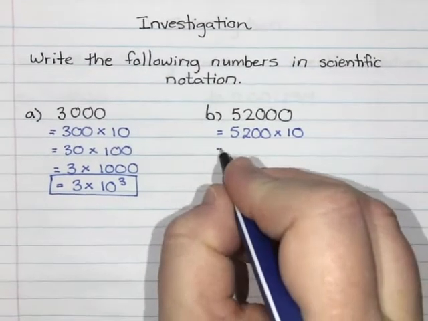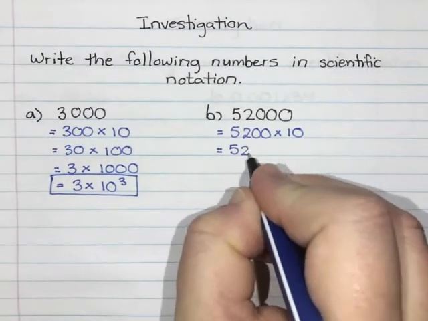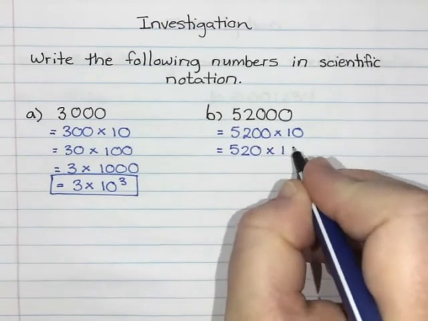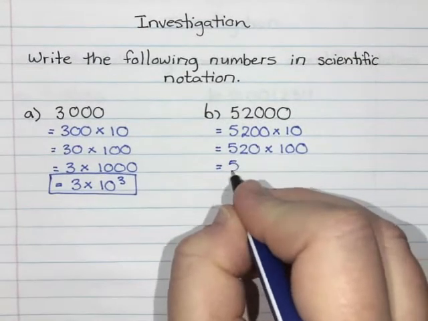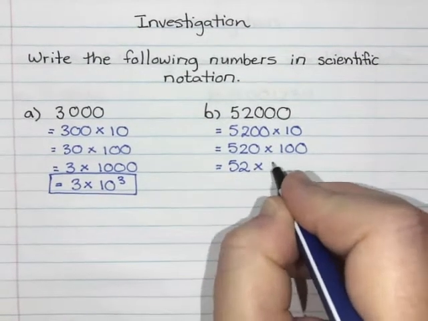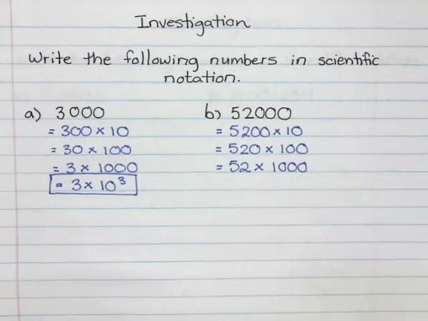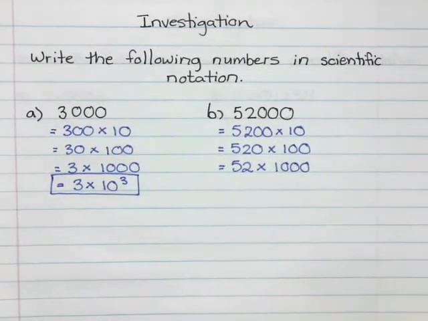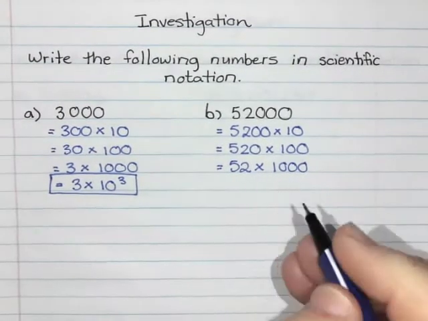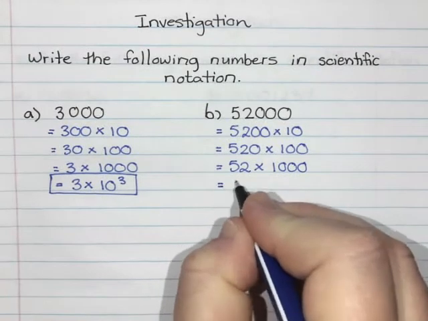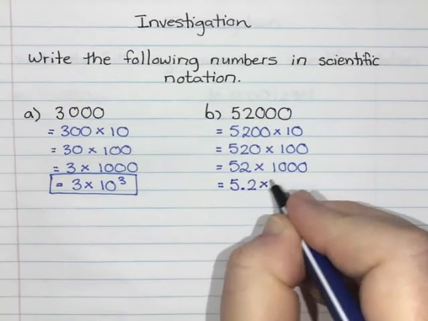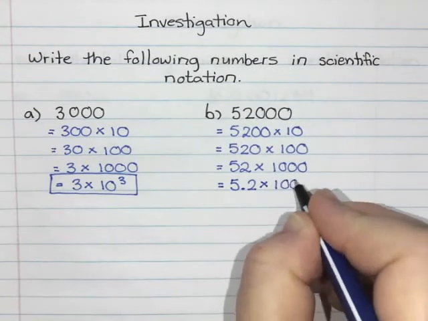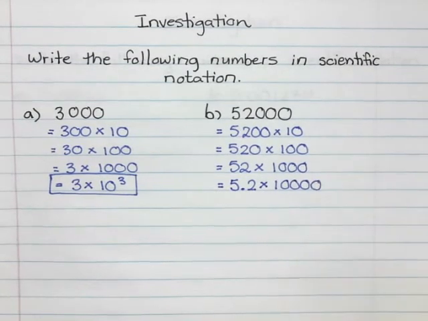It would be the same thing as 520 times 100, or 52 times 1,000. Now I am going to go a step further on this one. I'm not going to stop just at 52. I'm going to try 5.2 times 10,000. And I am going to check that one on my calculator.